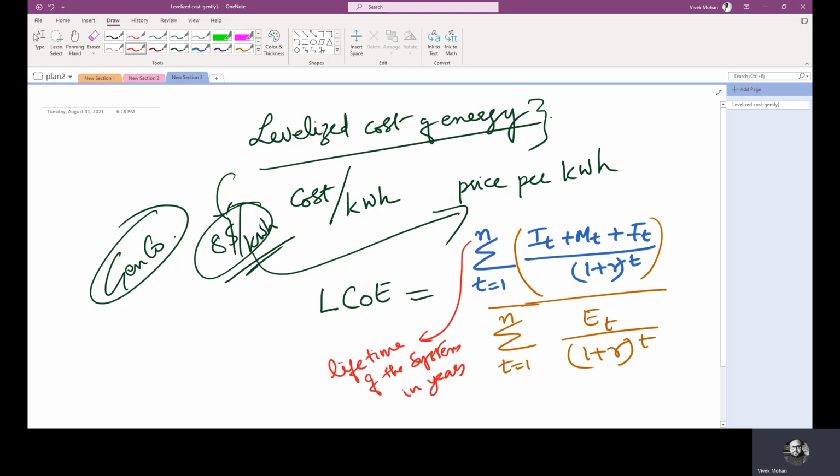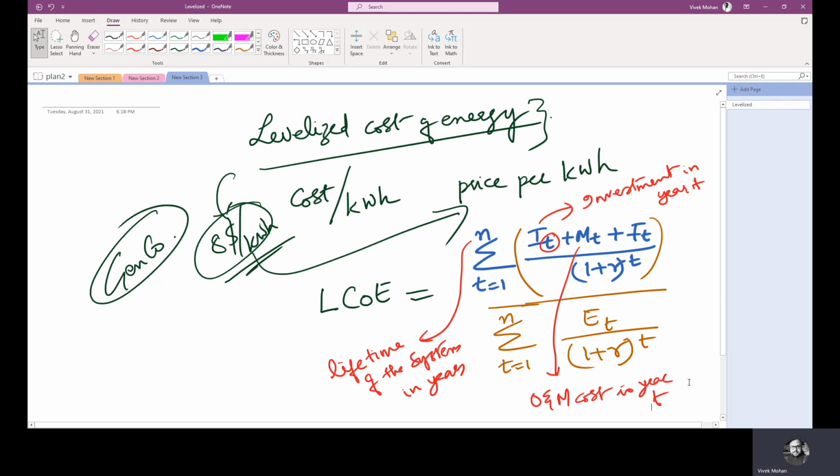Okay, IT is the investment expenditure in year T. So everything is defined in year T only. Then MT is the operation and maintenance cost, the O&M cost in year T. Then what is FT? FT is the fuel expenditure, the fuel cost. Of course, for a PV system, there is no fuel cost.